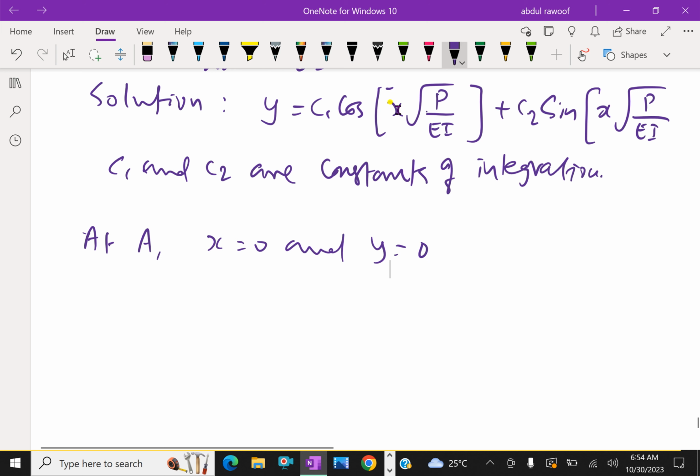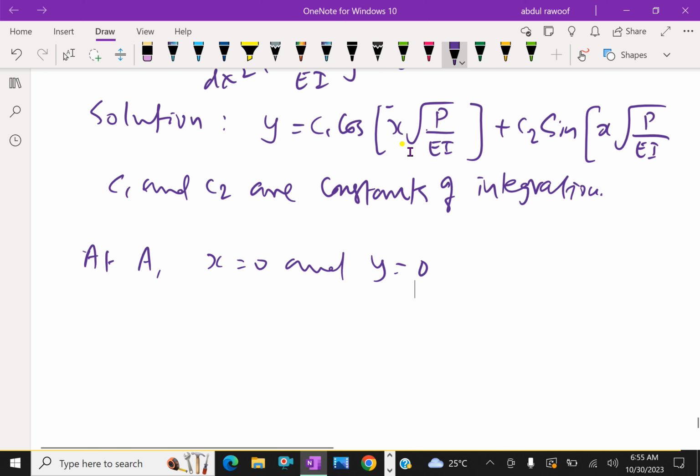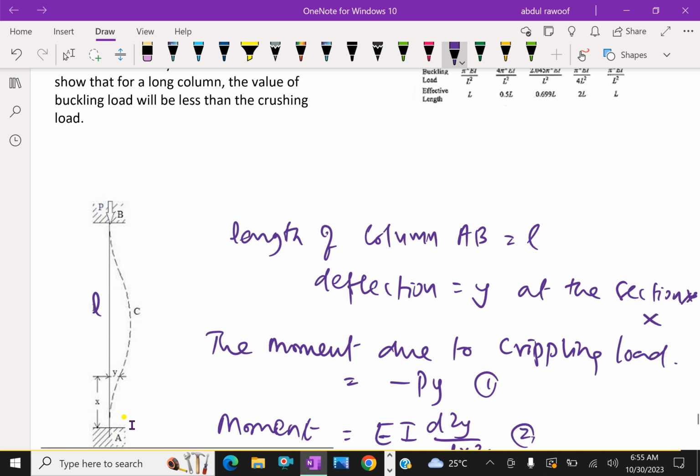Simply, at point x equals 0 there is no deflection.